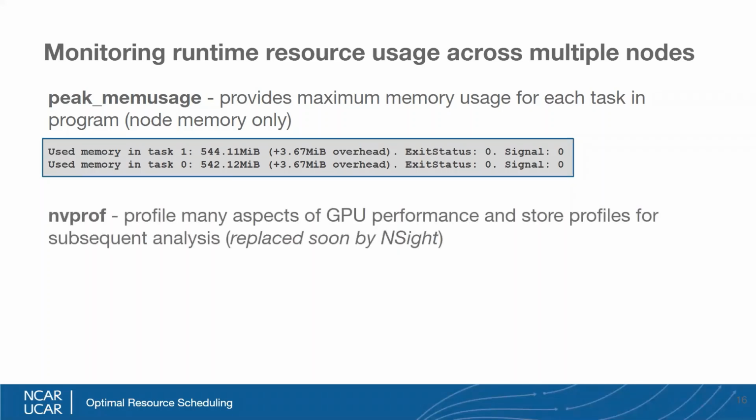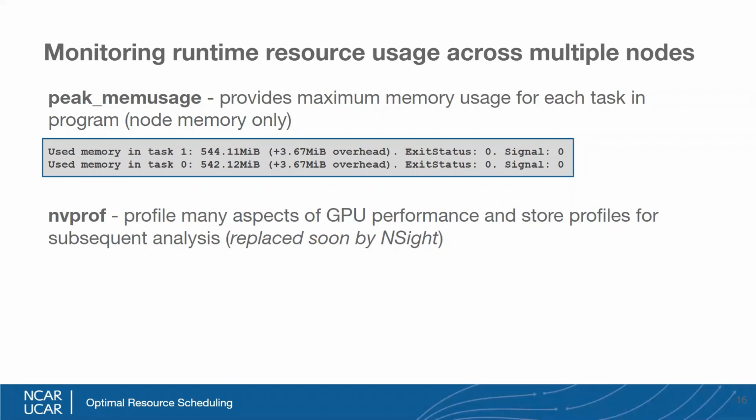NVIDIA provides a program called nvprof. This is nice. It profiles many aspects of the GPU performance, and it stores those profiles for you to analyze in subsequent analyses. This is what we currently have available on Casper. And NVIDIA is in the process of deprecating nvprof and replacing it with the Nsight program.